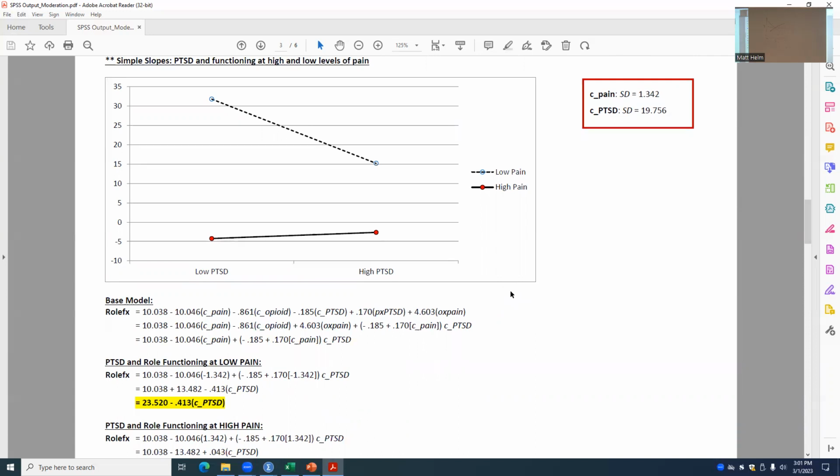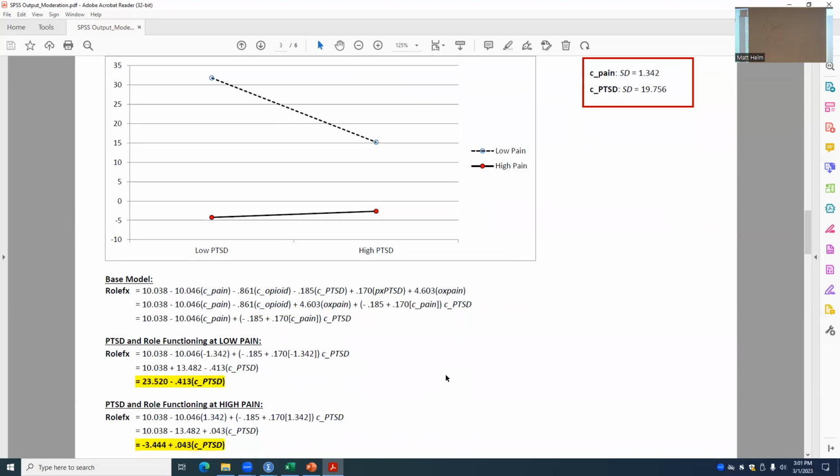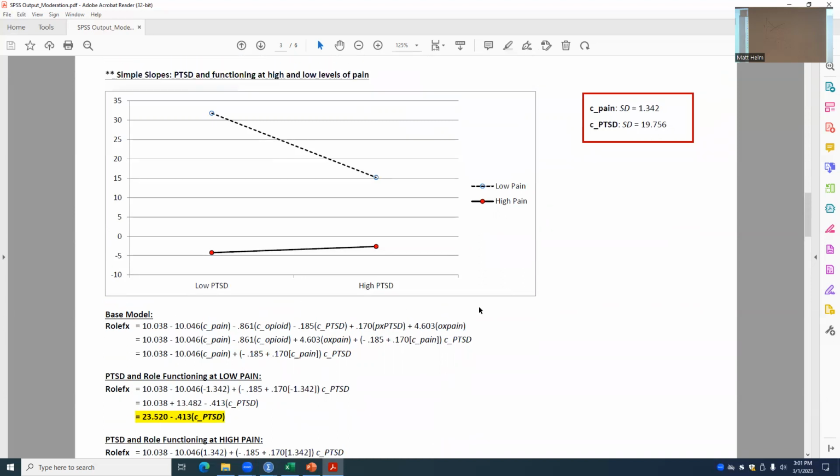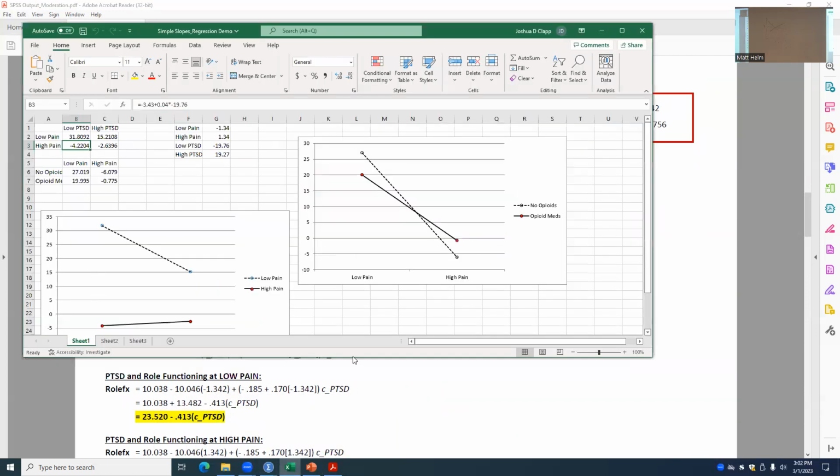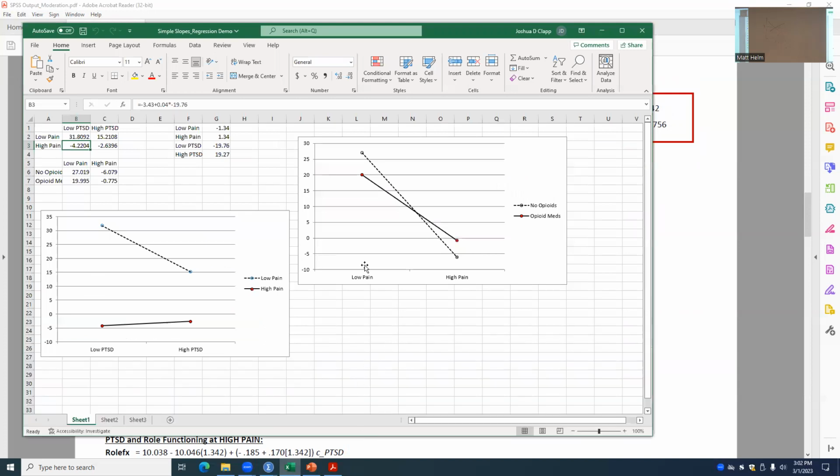I get my simple slopes equation for PTSD and role functioning at low pain, PTSD and role functioning at high pain, and then I plot this out on my graph in SPSS, or excuse me, in Excel. That's kind of what this is looking like here.